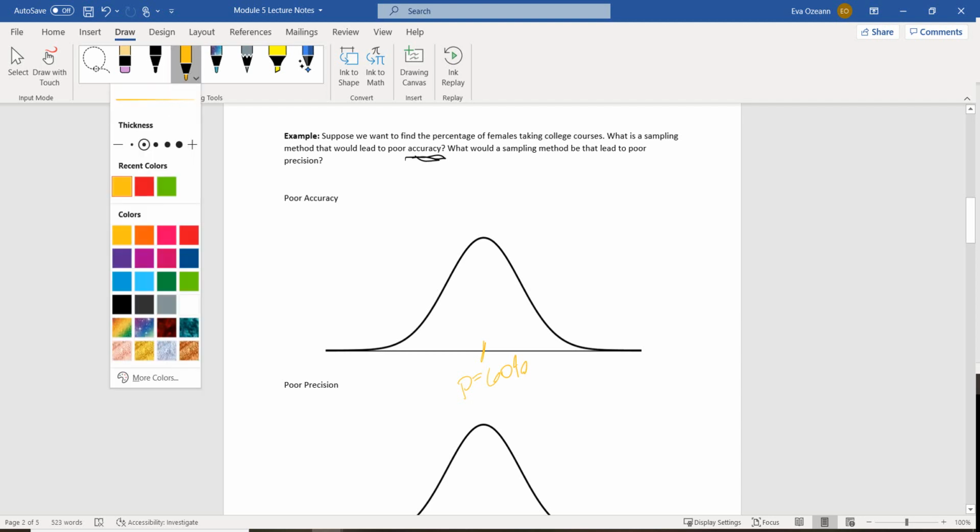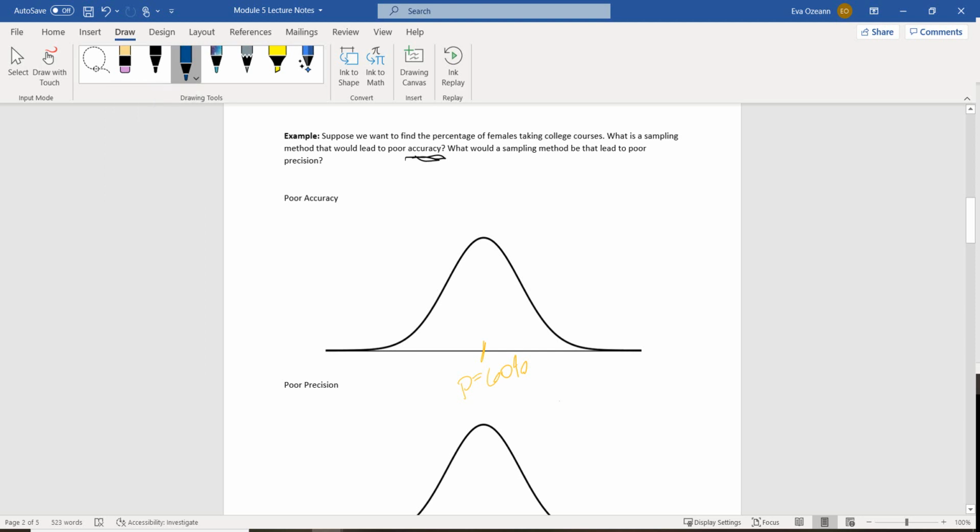Now we are going to take samples. Let's say that we only take samples from female-dominated fields. So let's say that we only look in nursing classes, psychology, etc. What's going to happen is that we're going to get a lot of classes that have a higher proportion.